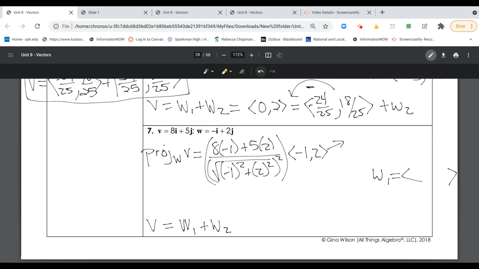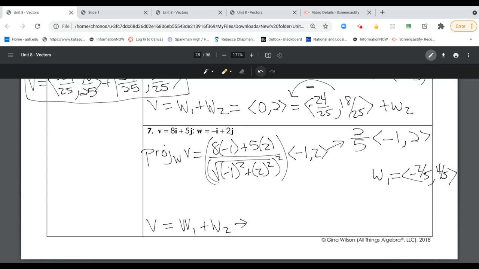So that is going to lead us to a numerator of 2 and a denominator of 5, and then you distribute that scalar. That gives me negative 2/5 and positive 4/5.